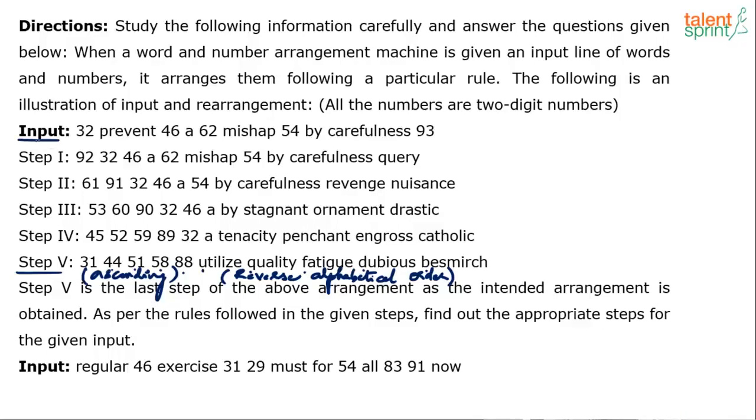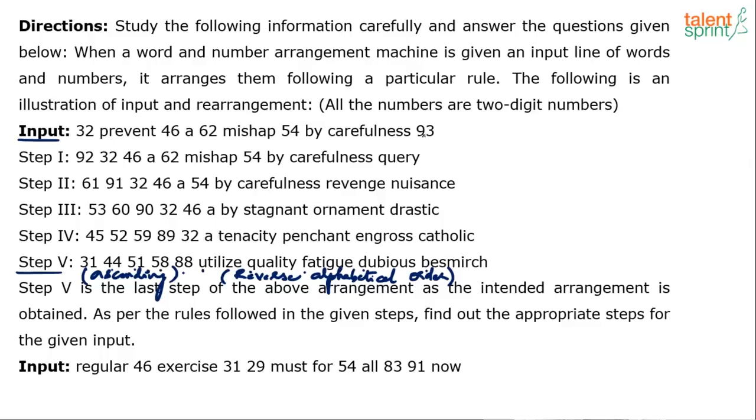Now let's go to the input and look at the step-by-step process. Because after you know the logic, you also need to know the step-by-step process in which the output has been obtained. Okay. So the input is 32 prevent, 46 62 mishap, 54 by carefulness, 93. Now this is where a student would get confused. Why? Because when I look at the output, the numbers are 31, 44, 51, 58, 88, which are not there in the given input.